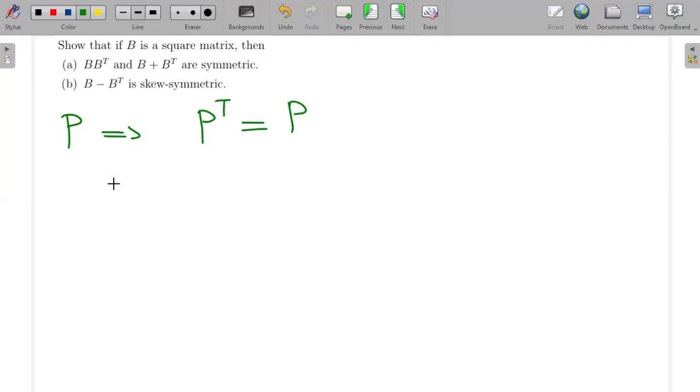And then I'm going to say the matrix P is skew symmetric if P transpose is equal to minus P. So take note. This is just symmetric. This is skew symmetric. Those are the definitions of symmetric and skew symmetric.